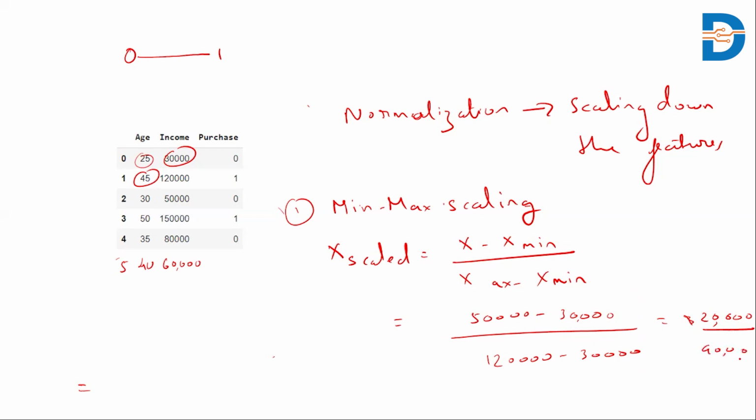And 2 over 9 is basically 0.2. This is how you are going to carry out min-max scaling.